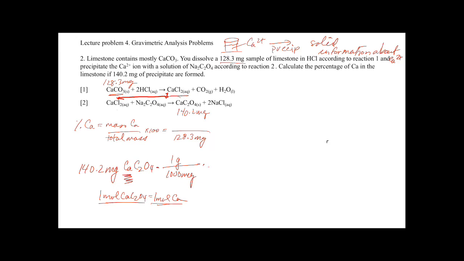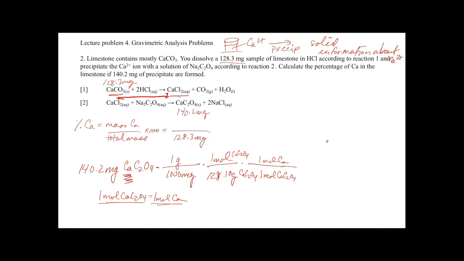In this case, the molecular weight of the calcium oxalate is 128.10 grams of CaC2O4 for every 1 mole. Now, inside of that, for every 1 mole of CaC2O4, there's 1 mole of calcium.